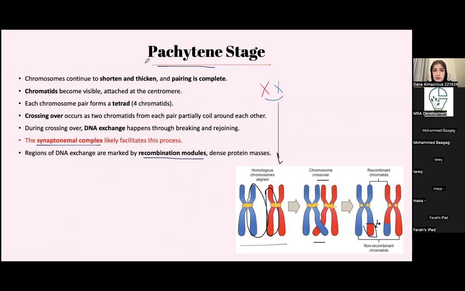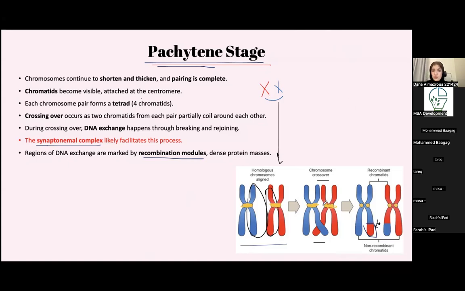Do you understand everything that's happening in Pachytene stage? And I'm more than happy to repeat if someone didn't understand anything. What do recombination nodules do?